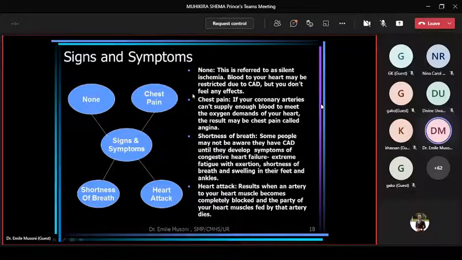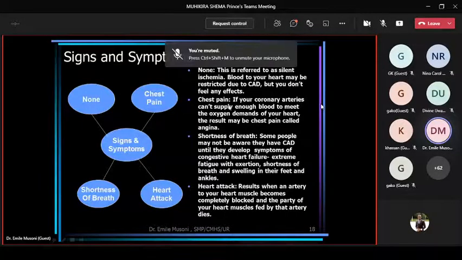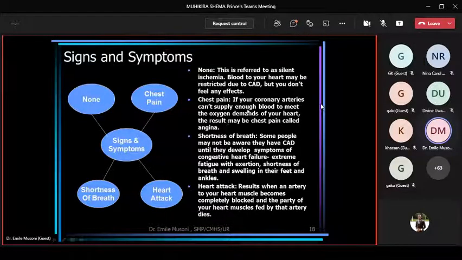So at the beginning, there's chest pain because the coronary arteries can't supply enough blood to meet the oxygen demand of your heart. And then there will be chest pain known as angina. Some people are not aware that they have coronary artery disease until they develop symptoms.